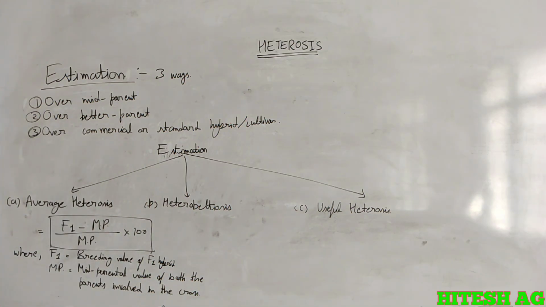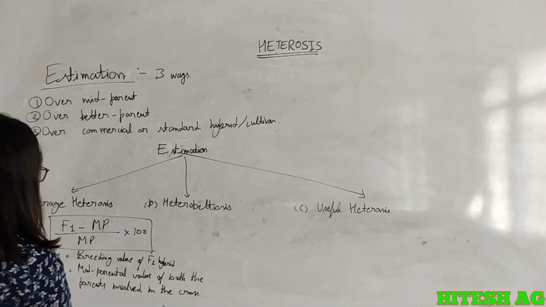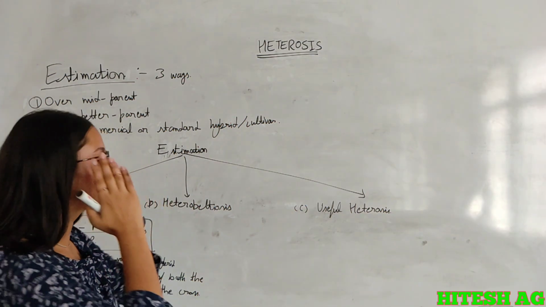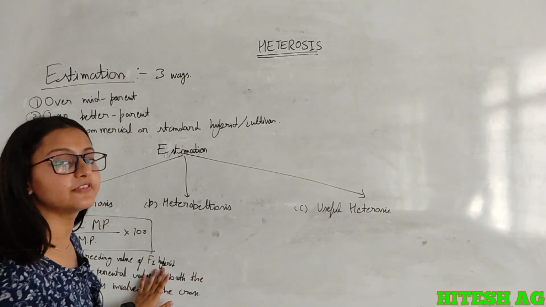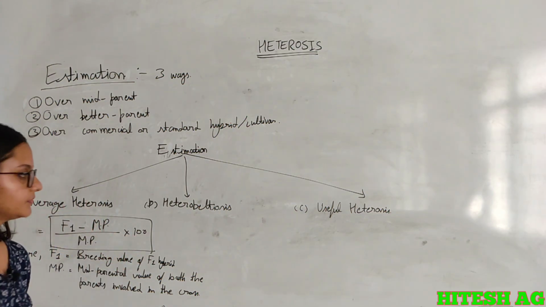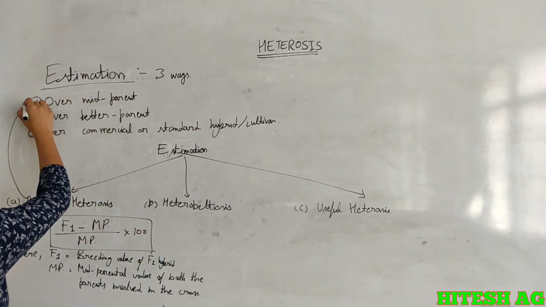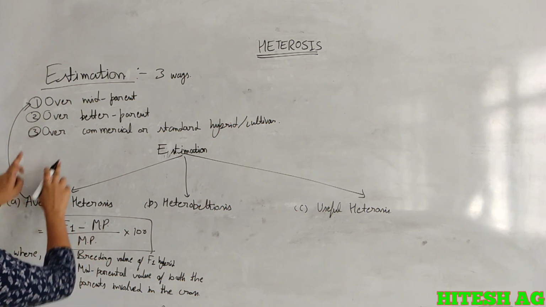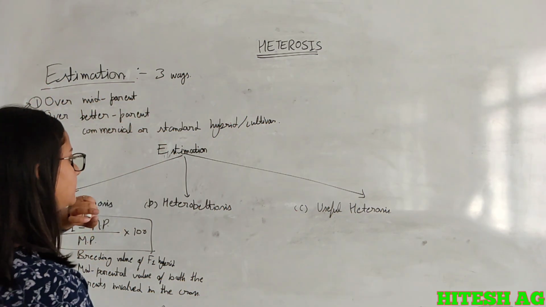So basically what you do here is take an average of both of the parents involved in the cross for getting the F1 hybrid, and you use this formula to get the average heterosis. We are estimating heterosis over its mid parental value.